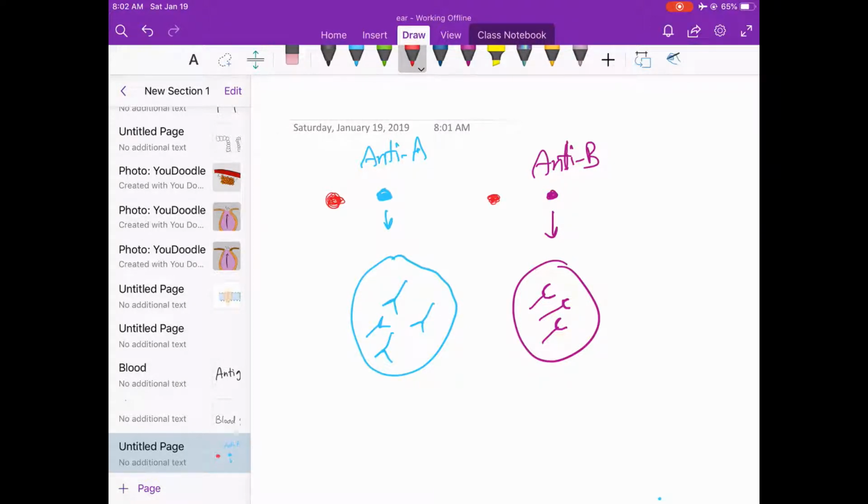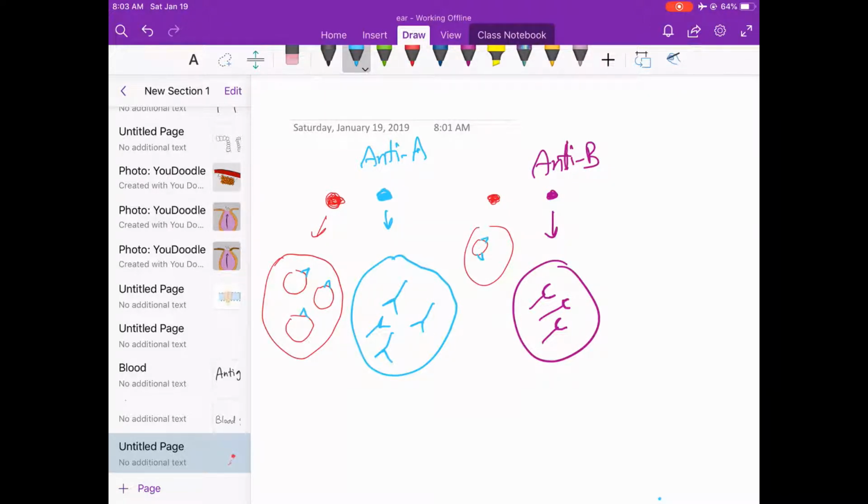Okay? Now, let's see the blood. If we zoom into the blood, we have red blood cells with antigens on their surfaces. So assume that this is the antigen, and the same situation is here. This is the same blood, okay? And this is the antigen.